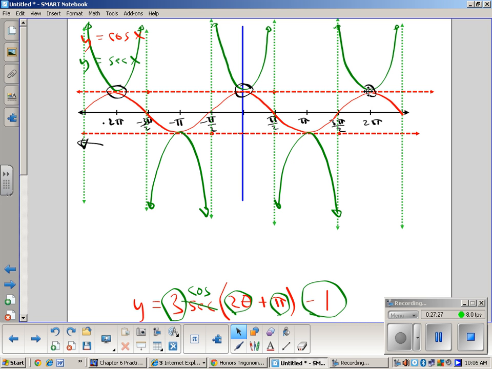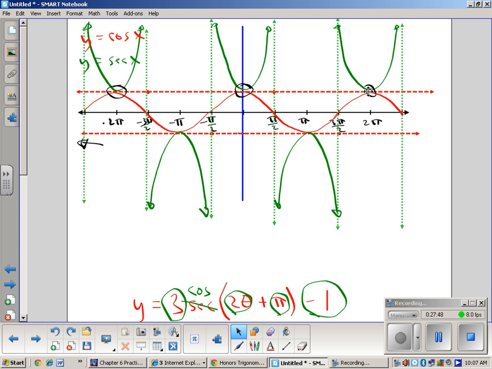Okay, so where does that occur? It occurred at 0, at 2 pi, at 4 pi, and where's it going to occur again? 6 pi. So at all the even multiples of pi, right?